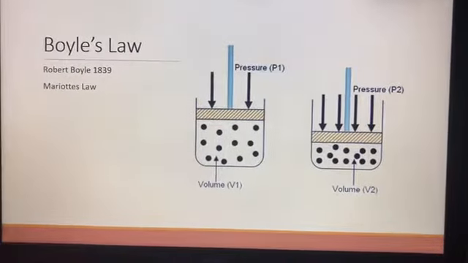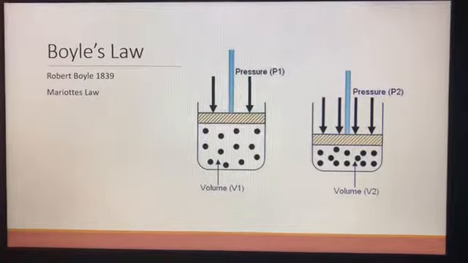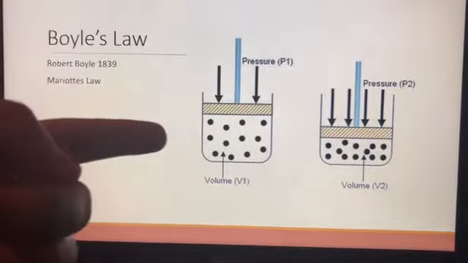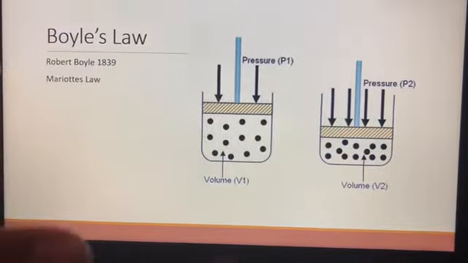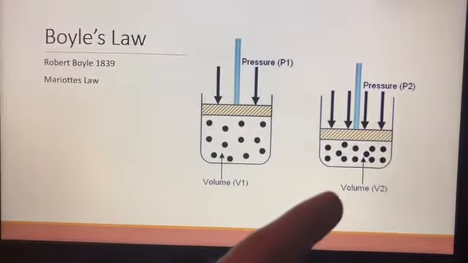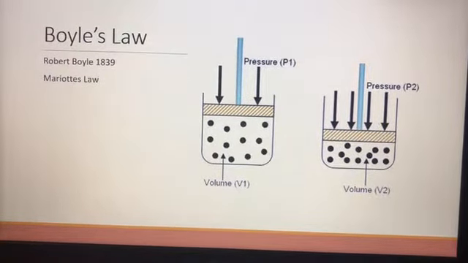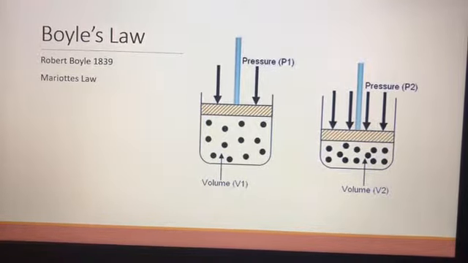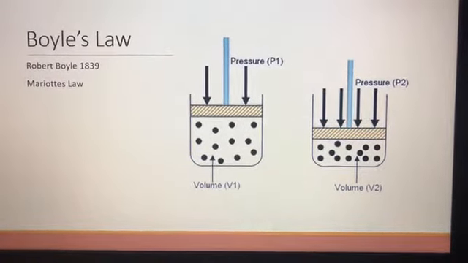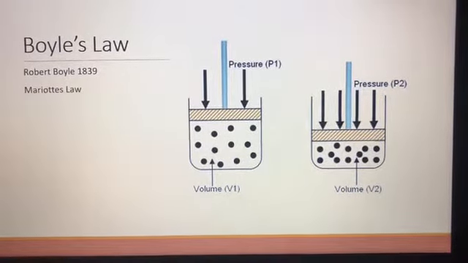And then this diagram here is just showing an example of Boyle's law. As you can see, on this side it's the same amount of volume as on the other side. However, there's more space, so there's less pressure. But then on the other side, they increase the pressure, which decreases the volume.